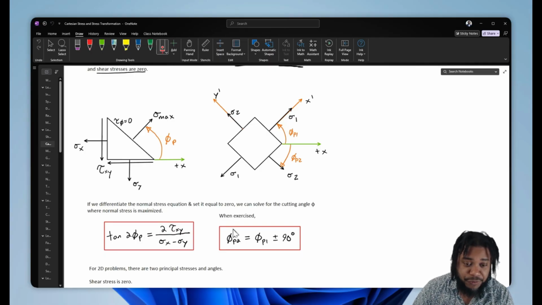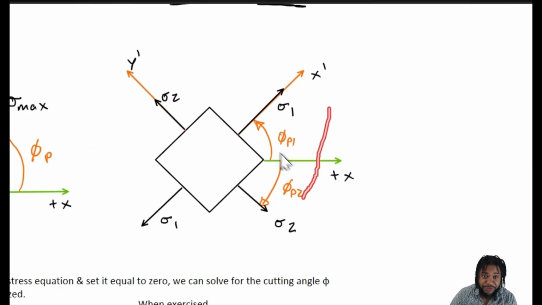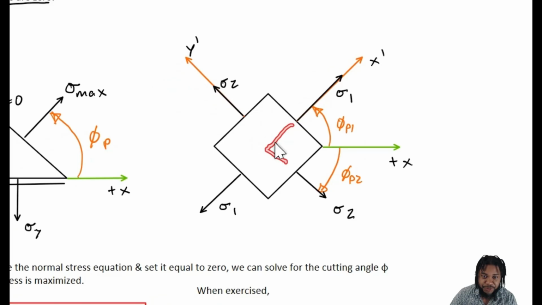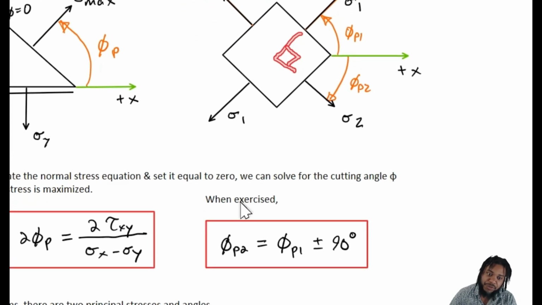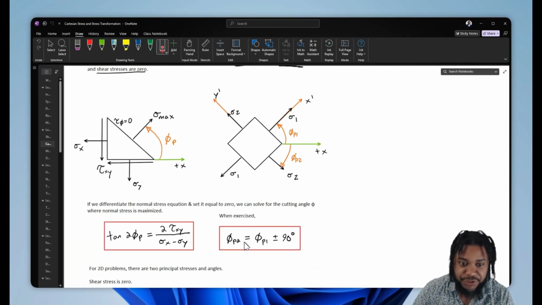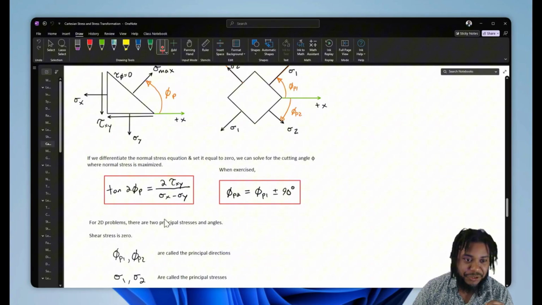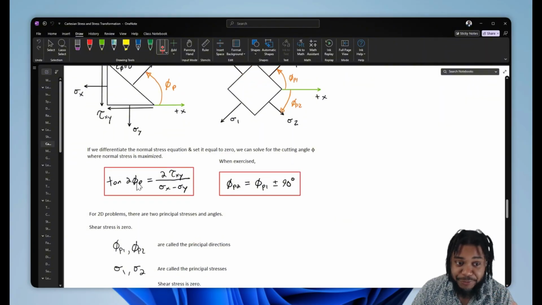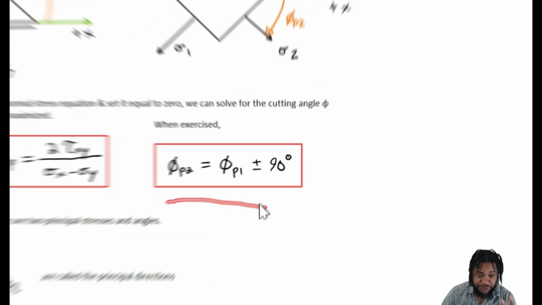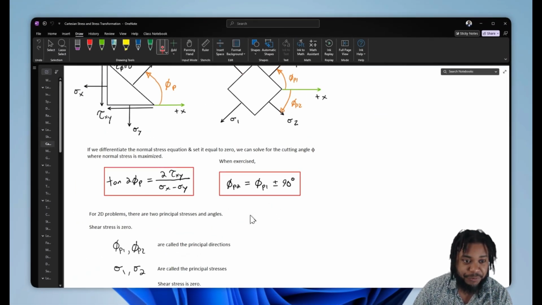We also find, since we rotate our coordinate system and there's 90 degrees between x prime and y prime, that if we have one of the phis, the other is easy to find. So phi p2 would be equal to phi p1 plus or minus 90 degrees, because there's 90 degrees between them, right? So if we solve this tan, we may get one angle, and then we plug that angle in here, and we get the two complementary angles.